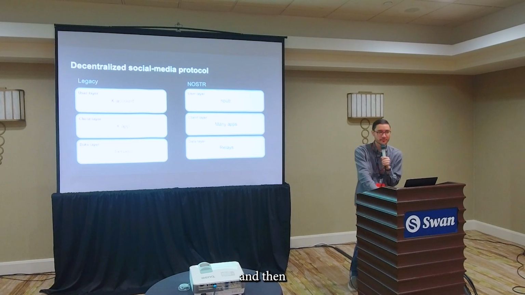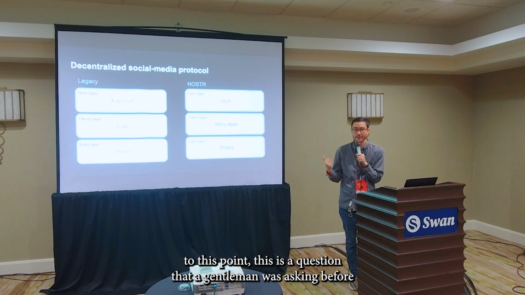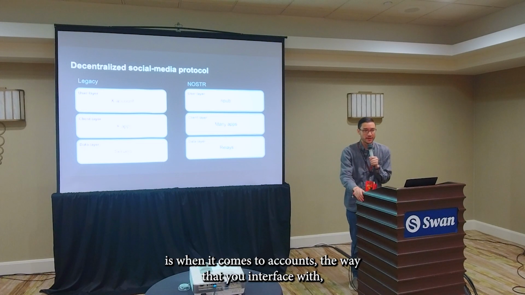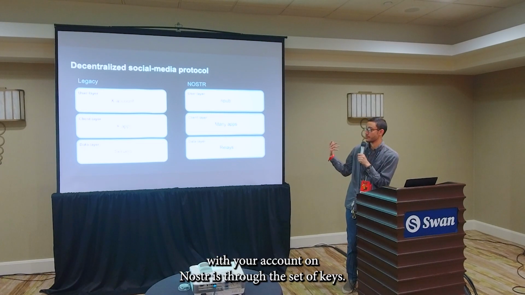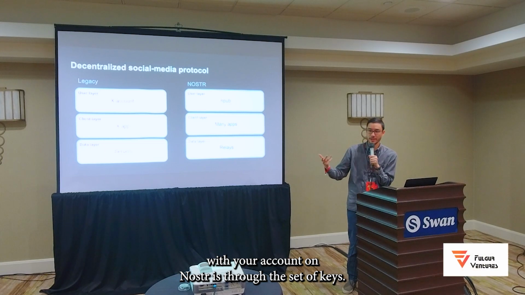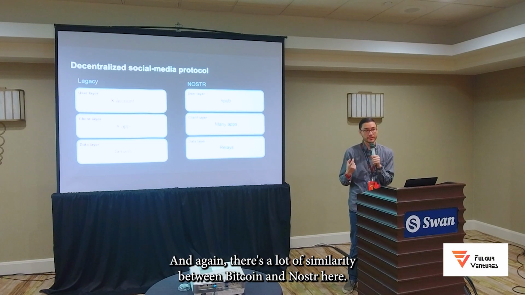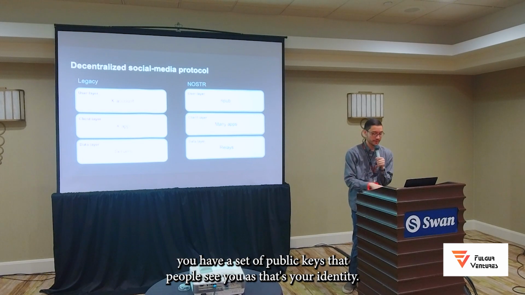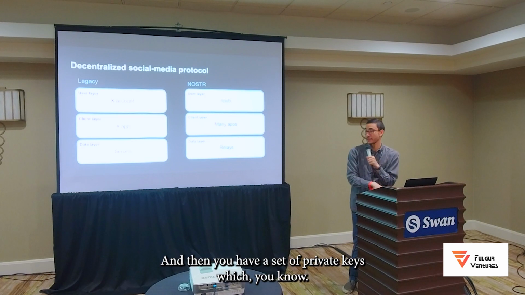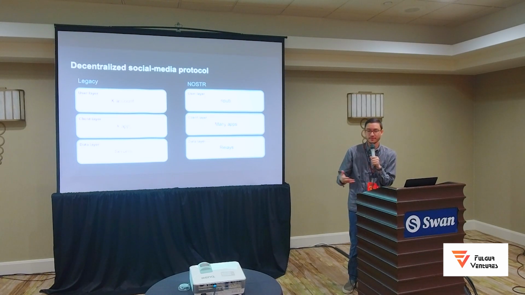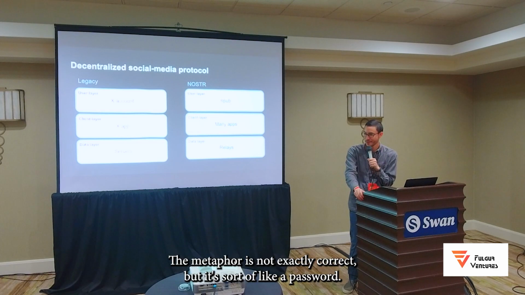And then to this point, a question that a gentleman was asking before: when it comes to accounts, the way that you interface with your account on Nostr is through a set of keys. Again, there's a lot of similarity between Bitcoin and Nostr here. You have a set of public keys that people see you as, that's your identity. And then you have a set of private keys, which, the metaphor is not exactly correct, but it's sort of like a password.